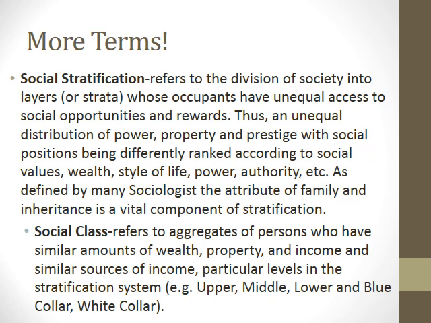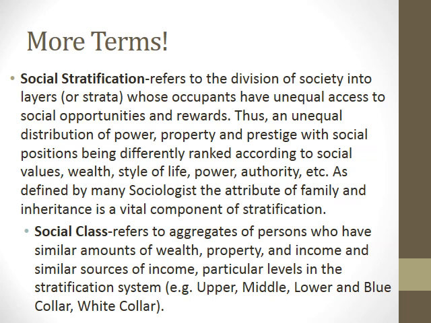And so, social stratification is the idea that these groups tend to separate themselves out and create what are called social classes. A social class is a group of people who have a similar amount of wealth, property, and income in the stratification system.